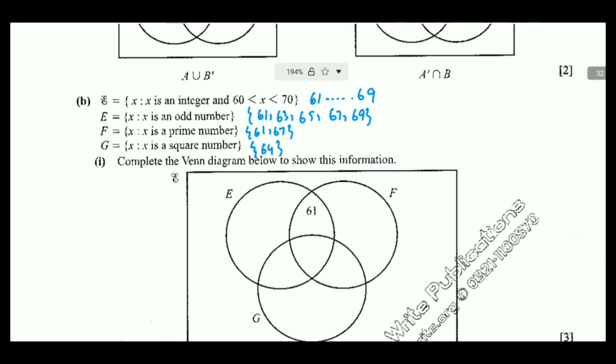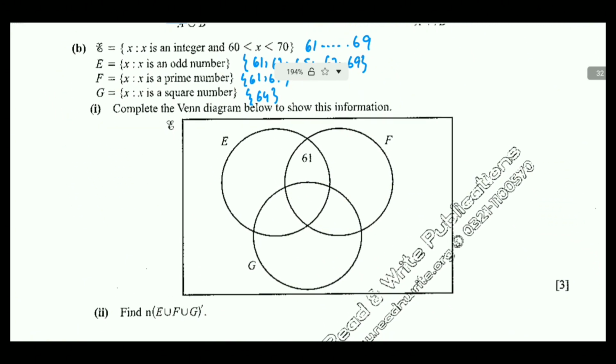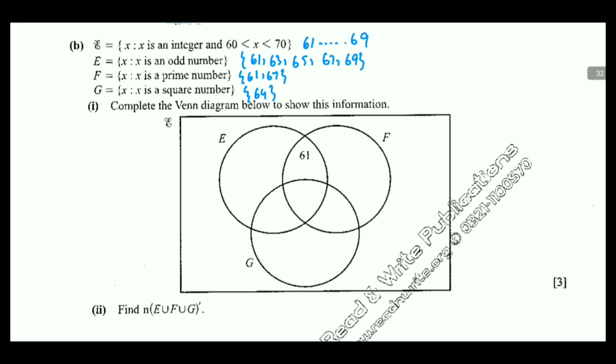Complete the Venn diagram below to show this information. So how do we write these values in this figure? 61 is written here. So where do we write 67?